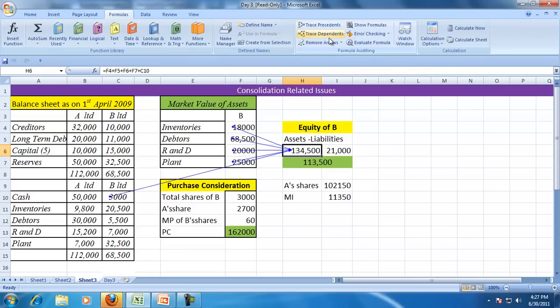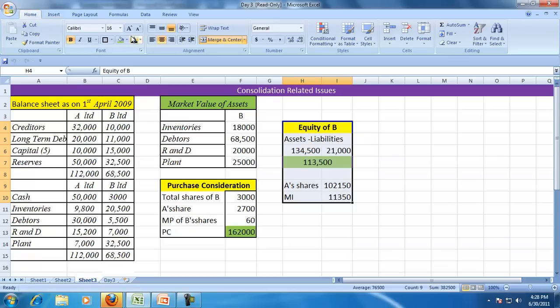The assets are inventories, debtors, R&D and plant, and the cash which is given there. The liabilities are 10,000 and 11,000. So the equity of B is 113,500. As a result, the equity acquired by A is 102,150, and the balance is the minority interest.